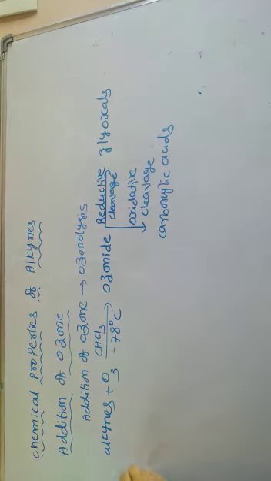So initially we are taking the simplest alkyne, CH triple bond CH, acetylene.